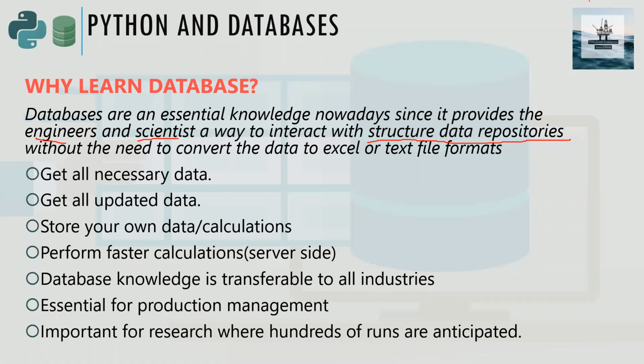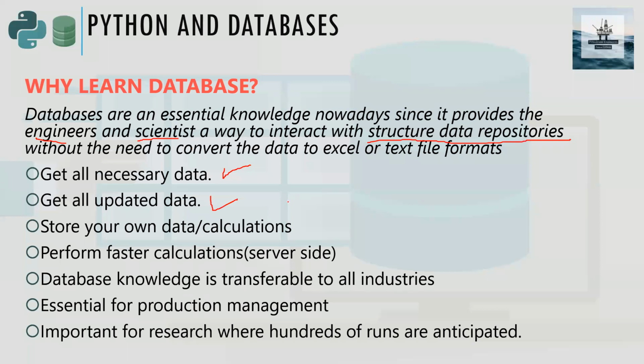If we enumerate all the benefits, there are a lot. A person, an engineer or specialist will get all the necessary data without any latency. He will just pull all the data he wants. By the way, he can update the data as well. For example, if he looks at the data and spots something wrong, like a wrong value, he can update it on the spot.